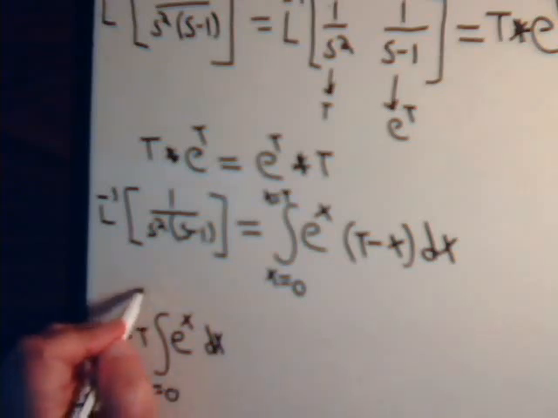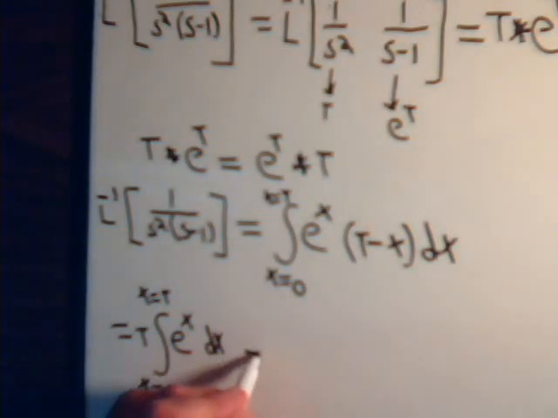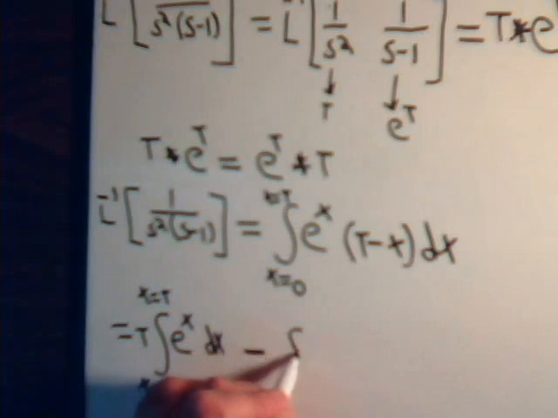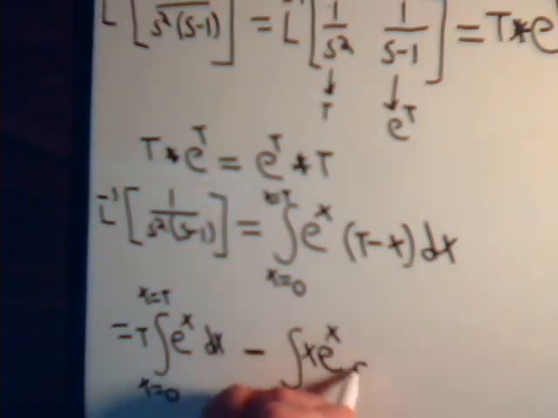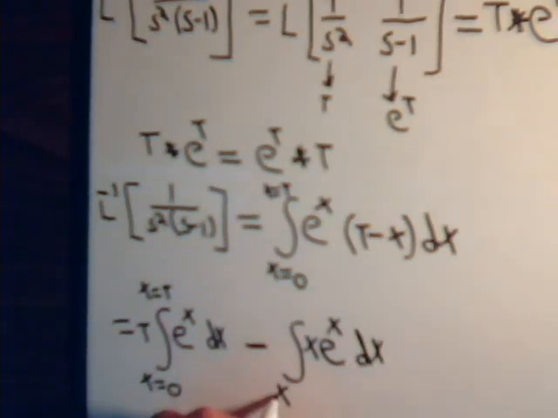x goes from 0 to t, minus x e to the x dx, same limits.